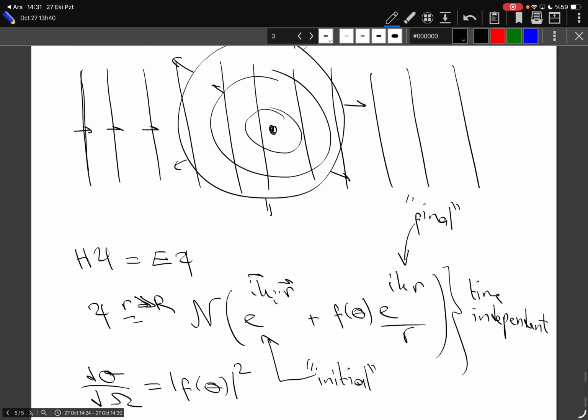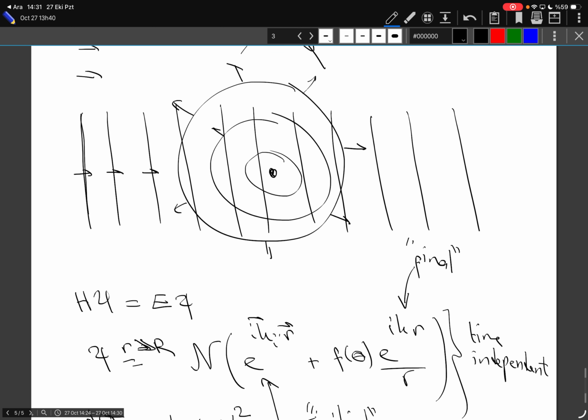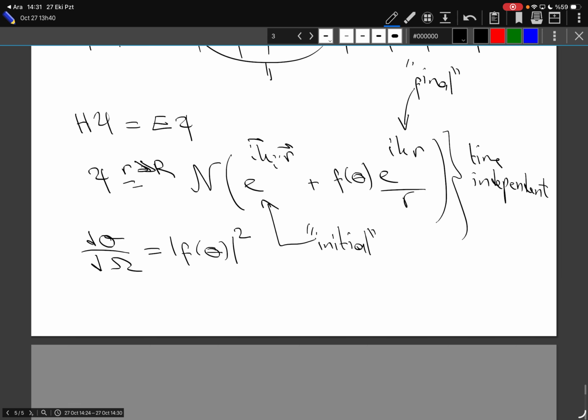Why is there a 1 over r term in the second term? Well, that's a spherical, not a plane, spherical outgoing wave. You see, just like e to the power i k dot r is a plane wave, e to the power i k r over r is a spherically outgoing wave, and e to the power minus i k r over r is the ingoing wave. That solution satisfies this equation.